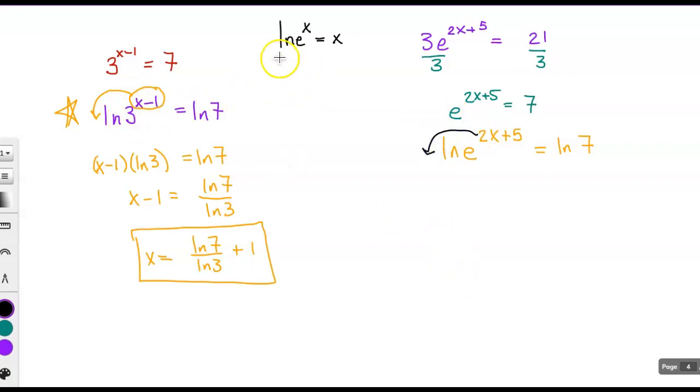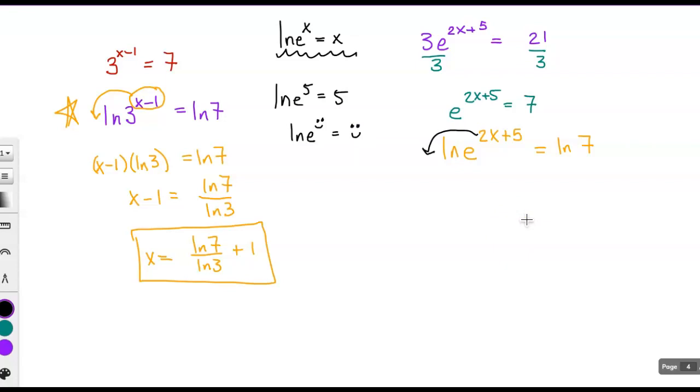If you can't remember this rule, don't worry about it, but this is literally how it works. If you had ln e to the 5th, that's 5. If you have ln e to the smiley face, that's equal to smiley face. Whatever's up there, the natural log of e to that power is just the power.